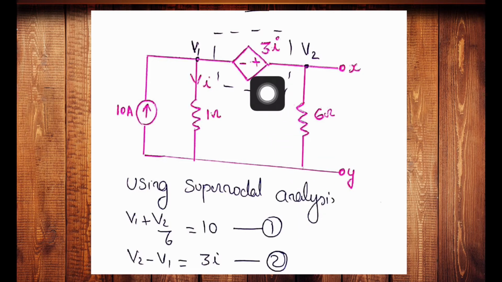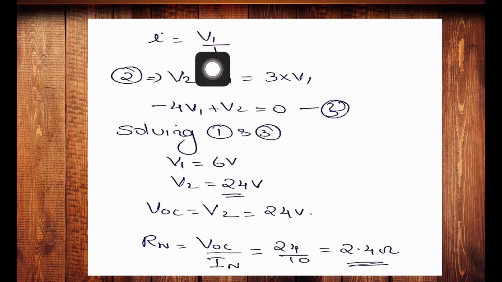Now look at this dependent voltage source 3I, which is connected between node V1 and V2. Based on the polarity of this source, we can write V2 minus V1 as 3I. Okay? And it is labeled as equation number 2. Here, the controlling variable I of this dependent voltage source is defined as current through this 1 ohm in downward direction, and correspondingly this I can be equated to V1 by 1.